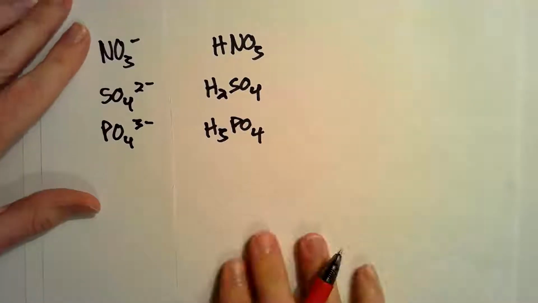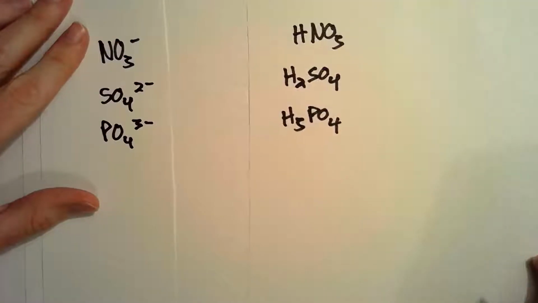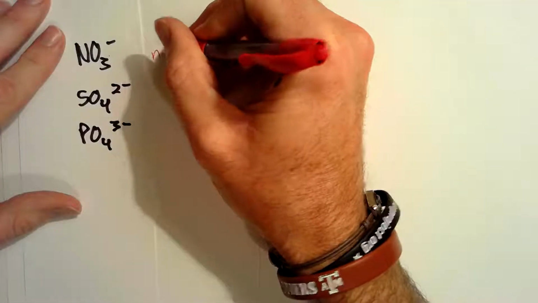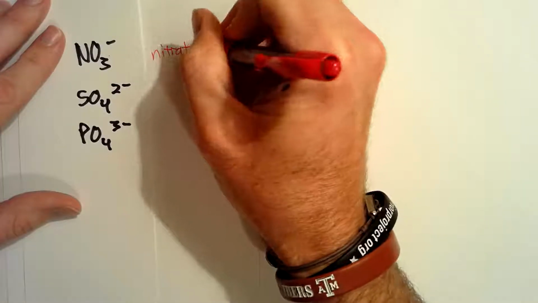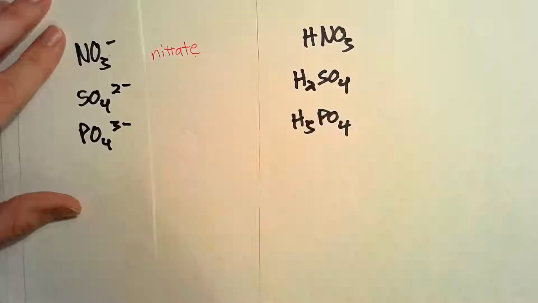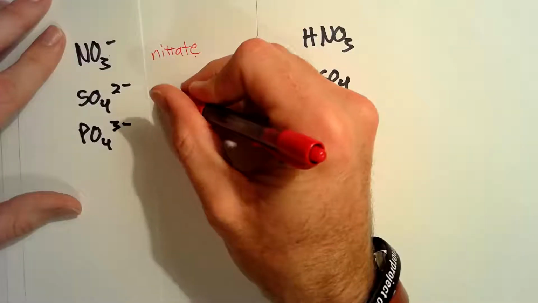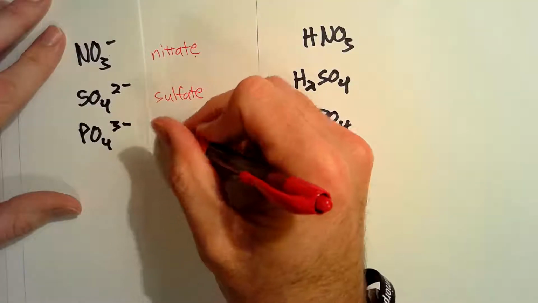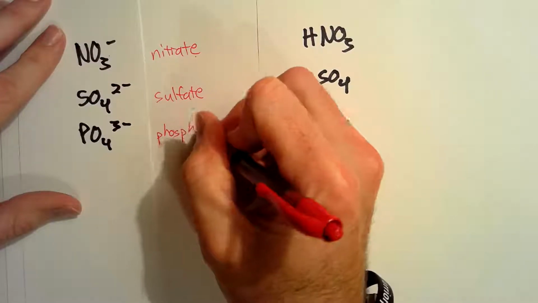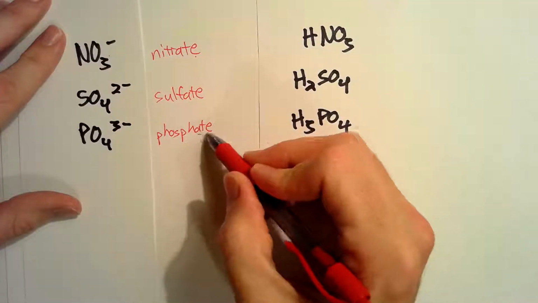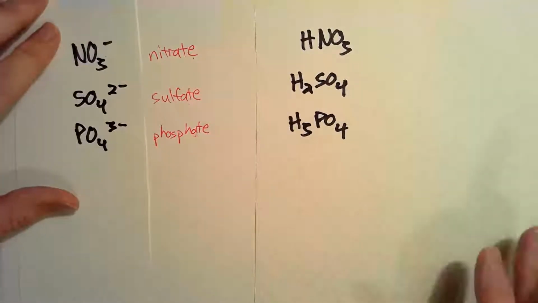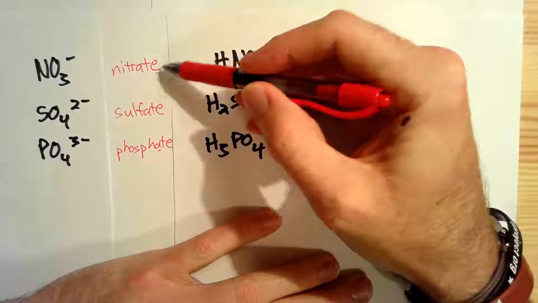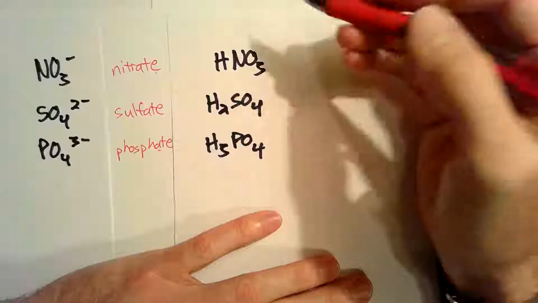So I just cut these up so I could insert the name of the polyatomic ion that's going with it. So this is a nitrate ion. I know that because it's on the back of the periodic table and on that reference sheet. This is a sulfate ion, and this is a phosphate ion. Notice that these all end in ate, so our corresponding acids will all just change the ate to an ic.